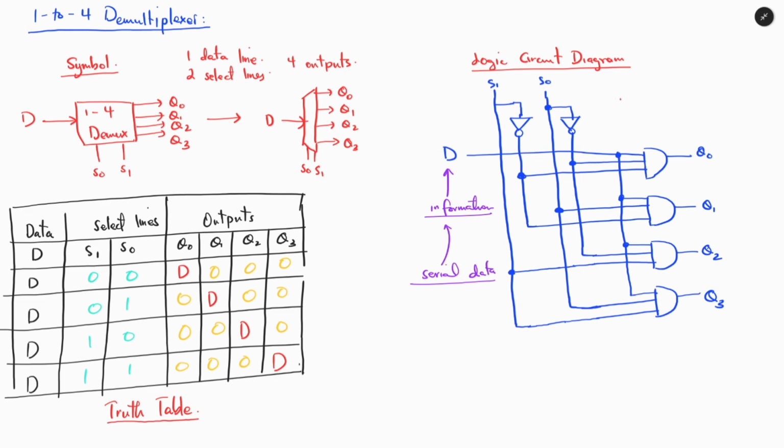And from this truth table, we can see that it is the same as what we have discussed using the 2 to 4 decoder, where when the 2 select lines S0 and S1 are equal to 0, that means the data available at the data line as an input will be passed through Q0, which can be seen as, let's say, location 1.